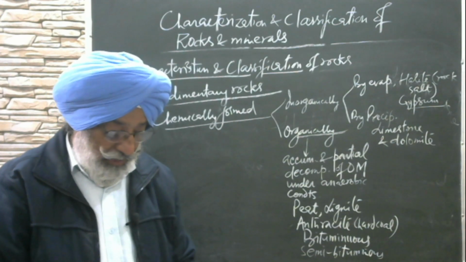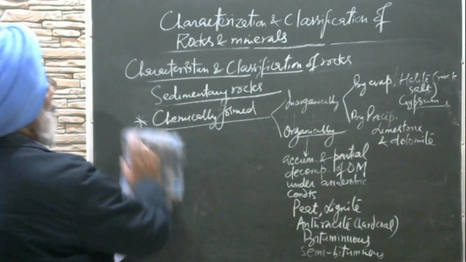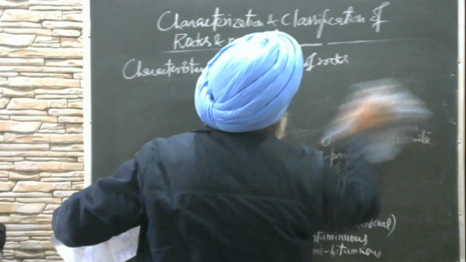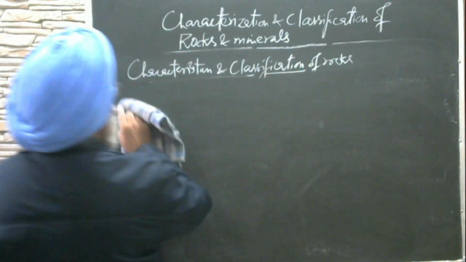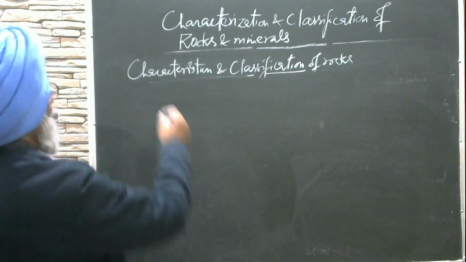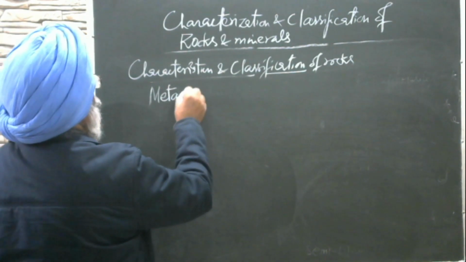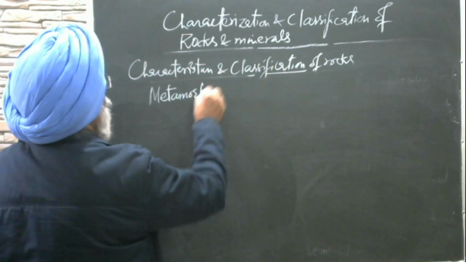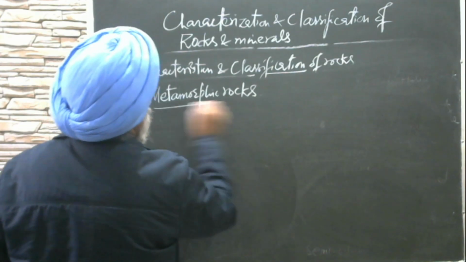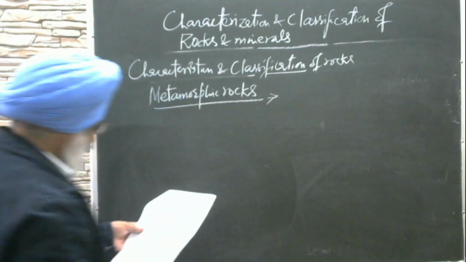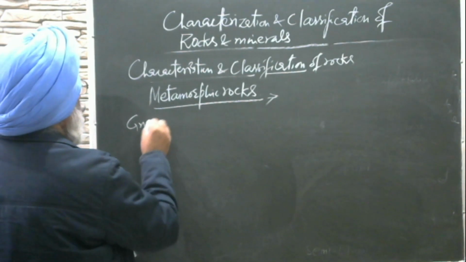So then after this we have the last one, that is metamorphic rocks. Classification of metamorphic rocks. So this can be gneiss.